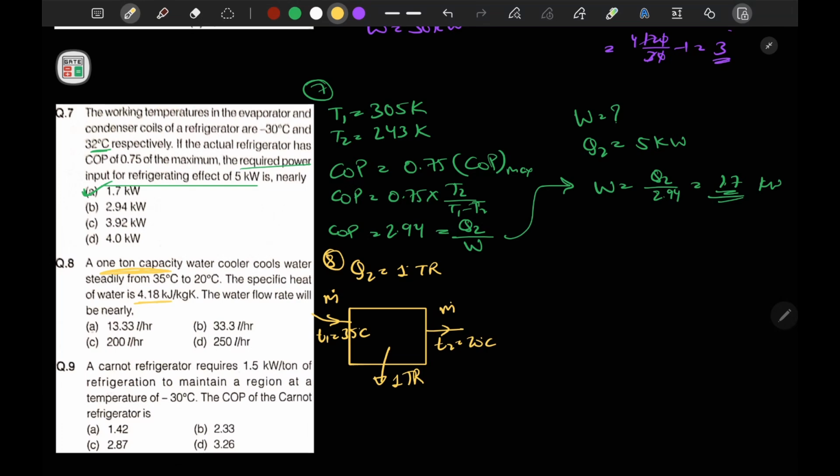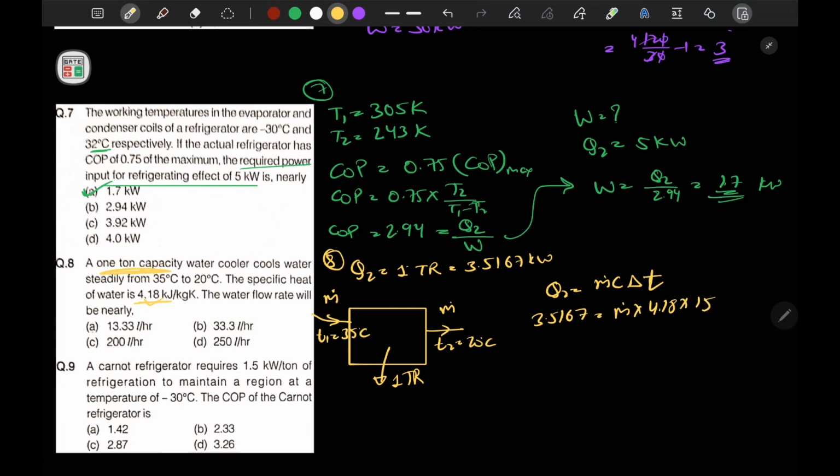Since we know that 1 TR is 3.5167 kilowatt, we can say that Q2 is equal to m dot C delta T. So Q2, 3.5167, is equal to m dot, times C, which is given as 4.18, into delta T, from 35 to 20, so this is 15.